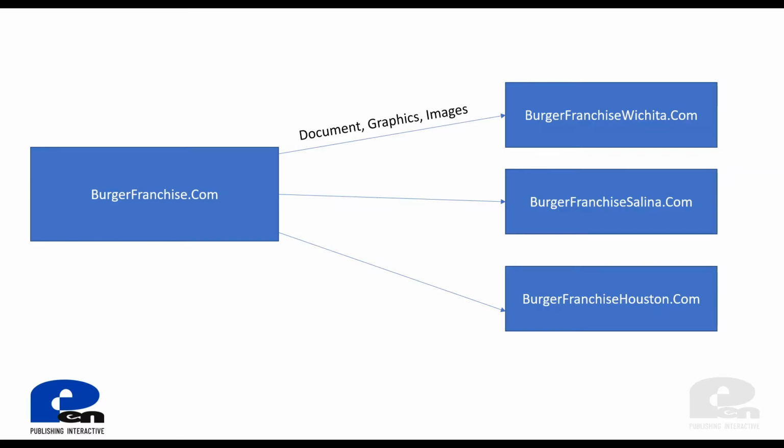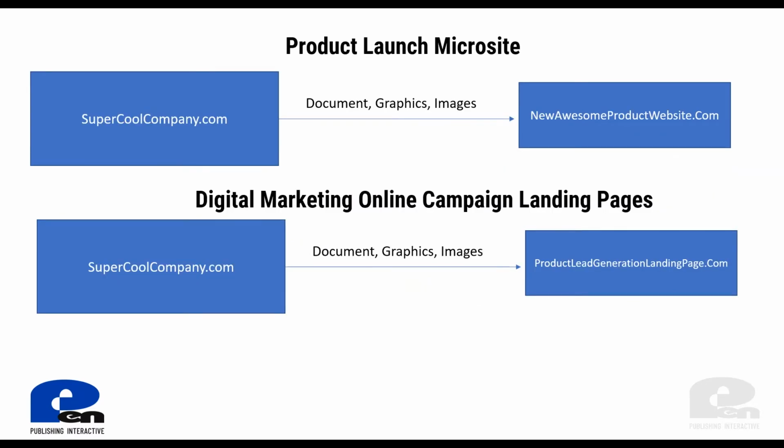Other ways this can be utilized, or examples that you can use the parent to microsite/child website, is, say you have a new product that you're ready to launch, and you have your website already on Flipper Site Developer CMS, but you want to buy newawesomeproductwebsite.com to showcase the product by itself, and you know that you're going to utilize the same documents, same pictures, the same graphics in your e-commerce area of your current website.